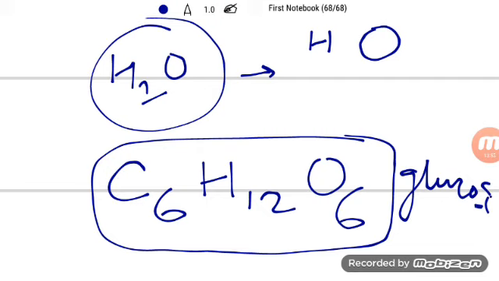So in this one single molecule of glucose, how many atoms of carbon are there? 6. How many hydrogen atoms are there? 12. How many oxygen atoms are there? It is 6. And if I ask you how many elements are there, you will say it is 3 elements. One is carbon, another is hydrogen, and another is oxygen. So total 3 elements you can see. That's why it has been termed a compound, a molecule of a compound.